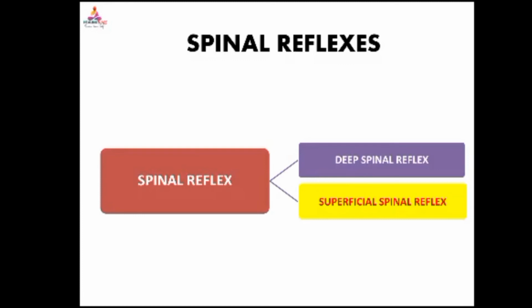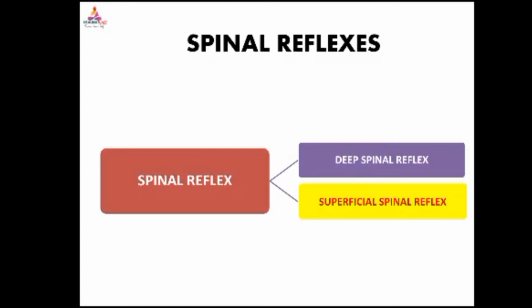First is the plantar reflex, whose spinal segments are L5 and S1. It is elicited by stroking the sole along the anterior and lateral border. The response is plantar flexion and adduction of the toes.